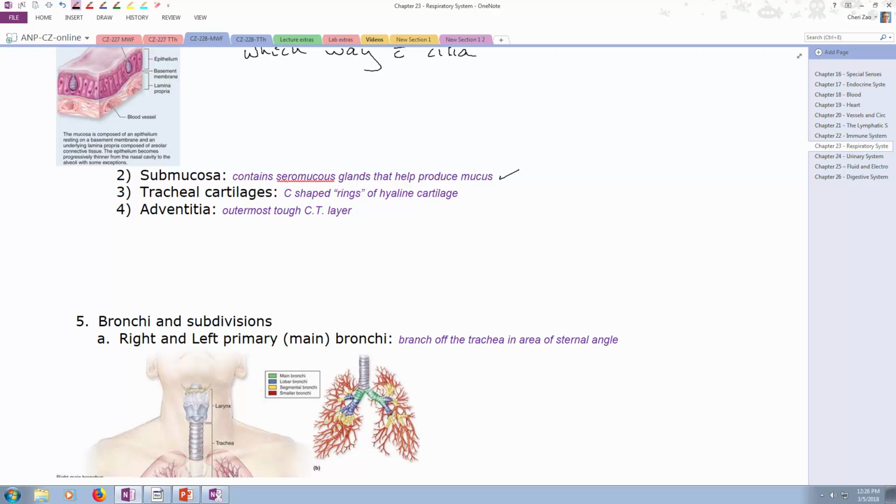Your tracheal cartilages, I'm going to do it kind of like this, are C-shaped. And so the incomplete area or connection is posterior. And I'm going to draw what's right behind, and that's our esophagus. And the esophagus is typically collapsed.